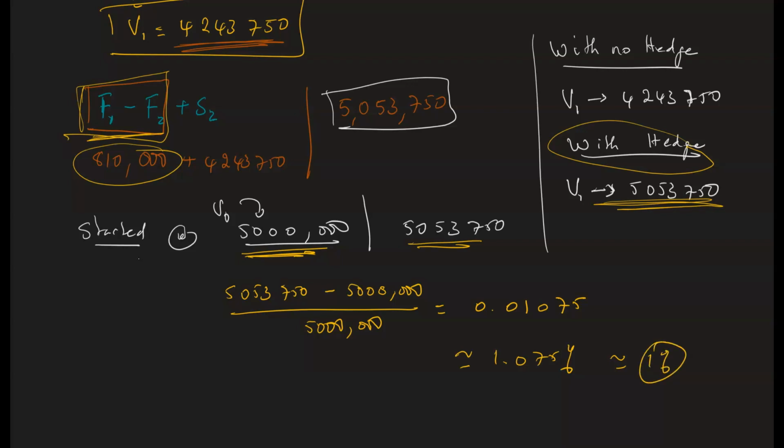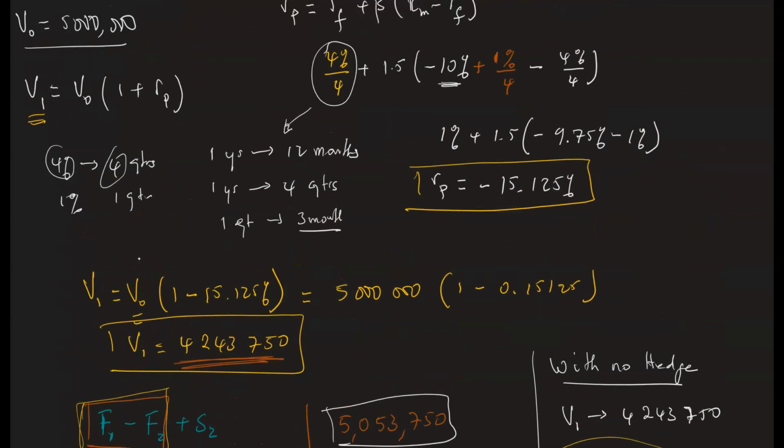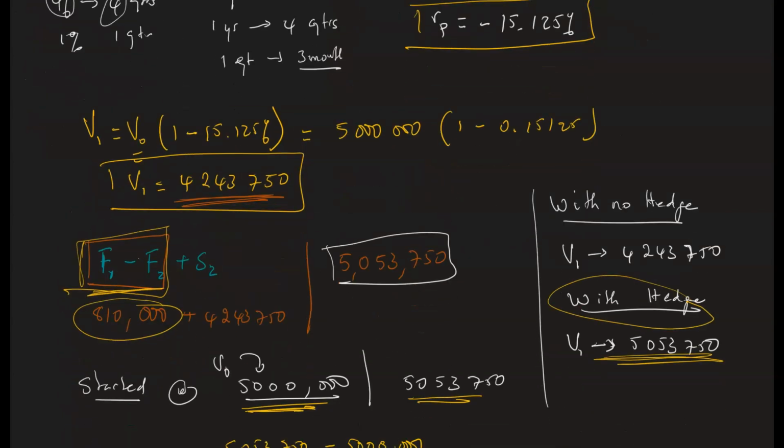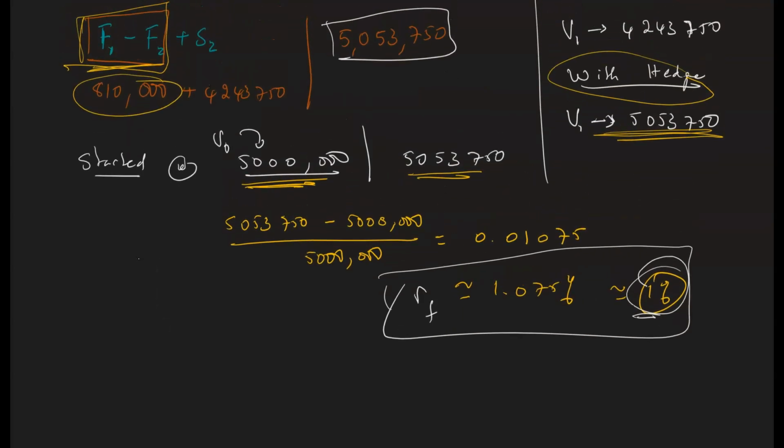And so we know that the 1% return is about equal to the risk-free rate of return for 3 months. So we earn effectively the risk-free rate of return here. By locking in the forward price today, we are saying that when we close out our position, we're going to make a profit on the futures contract of 810,000.